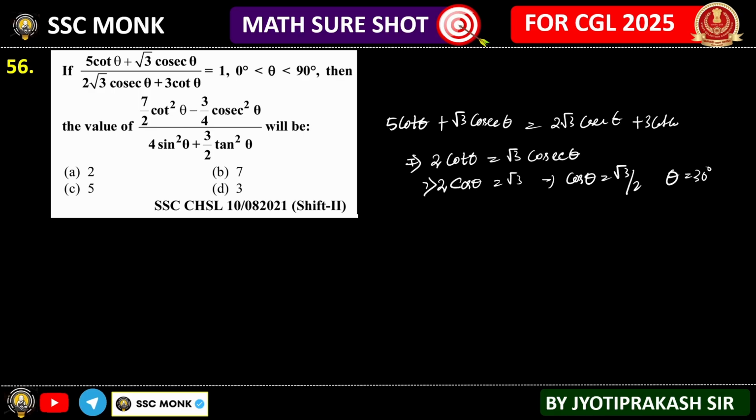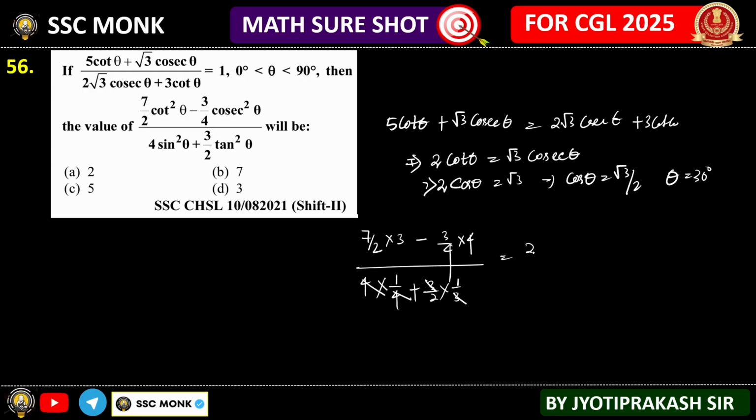So if I put that value over here, I'll get my answer. So 7 by 2 into cot square 30 degrees, root 3 square, is equal to 3, minus 3 by 4 cosec square 30 degrees, cosec square 30 degrees is equal to what? 2 square, that is equal to 4, divided by 4 into sine square, that means 1 by 2 square, that is equal to 1 by 4, plus 3 by 2 into tan 30 degrees, that is equal to 1 by root 3, square, that is equal to 1 by 3. 3 gone, 4 gone.